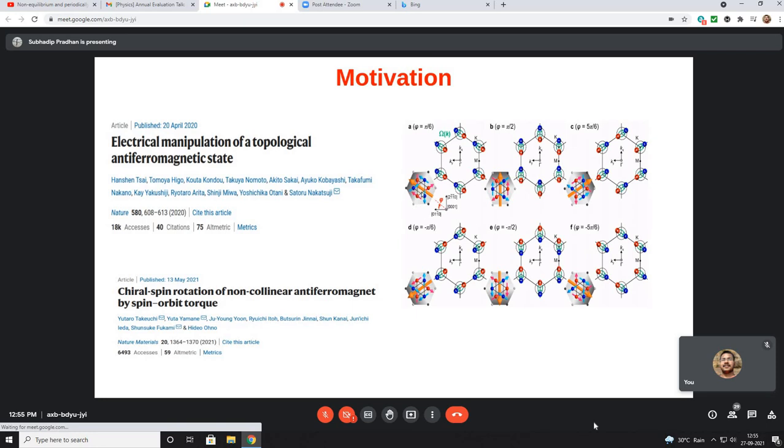When the magnetization direction is rotating, they have calculated, that's the experimental paper, the anomalous Hall effect in Mn3Sn, and they see that there is a switching in the anomalous Hall effect. They also see that in the Brillouin zone, where at the K point there is a Weyl node, this nodal direction is also changing with the change of the magnetization. So by applying an electric field or electric manipulation from outside, you can also change the Weyl nodal direction.